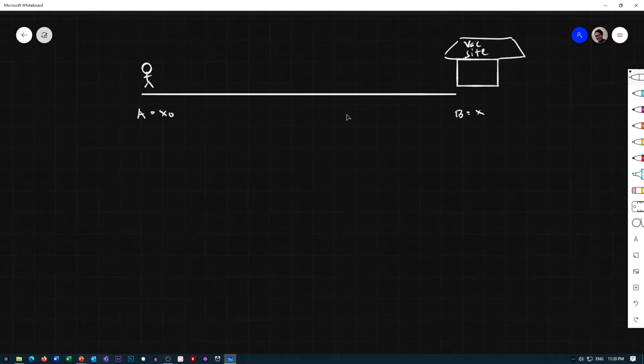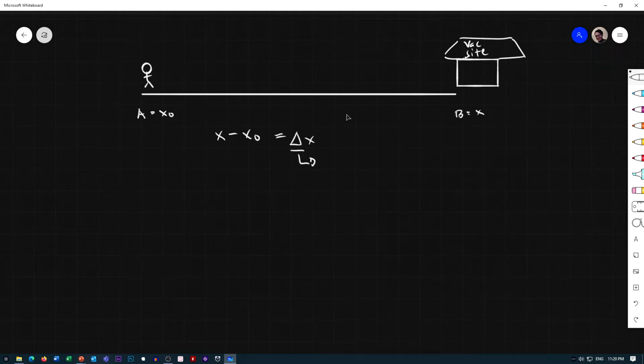Operating on that, you have final position minus initial position. So this is position, and there's a change in position. So this is delta x.